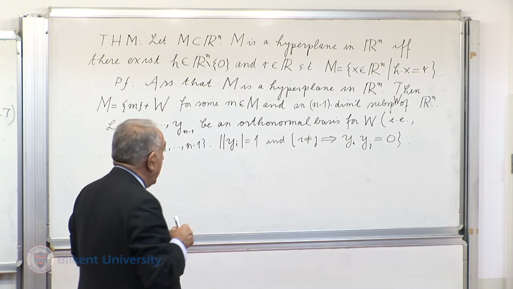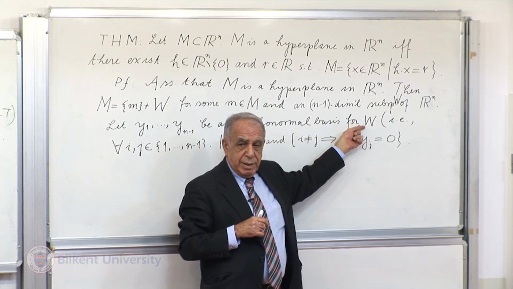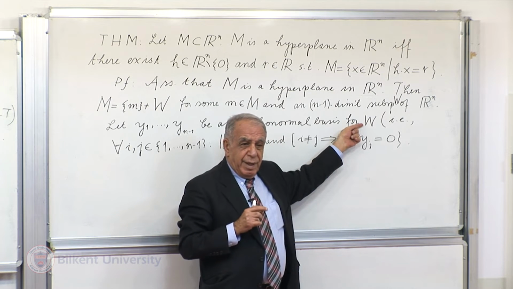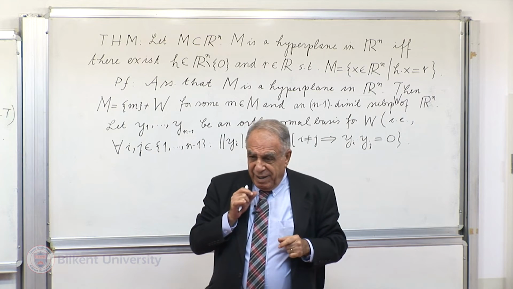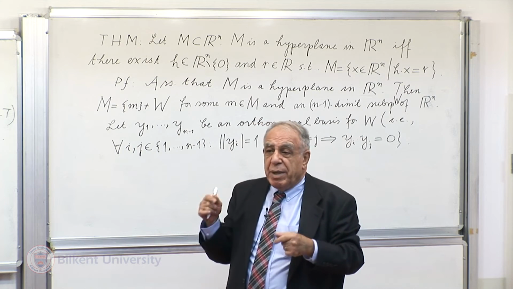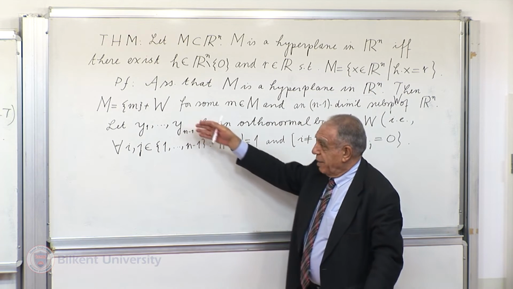Okay? Now, what's a natural candidate for h here? Now, this is an n minus 1 dimensional subspace. Well, the intuitive idea is that h should be a normal vector to the hyperplane.